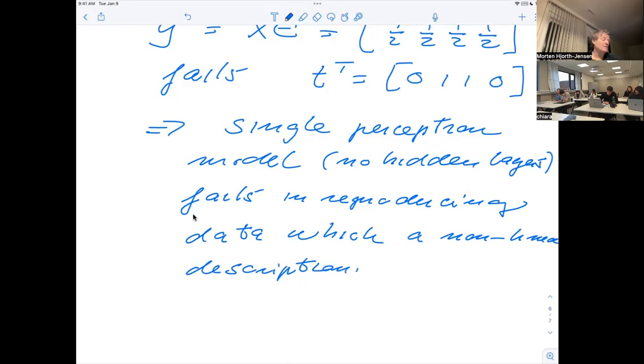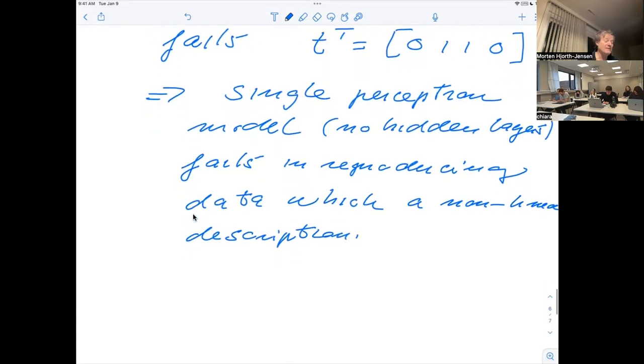So this simple example which we put up here is used to simply decide what kind of approach we should use. If we have a plain linear behavior, there is no need to go beyond a standard linear regression or even the simple perceptron model.